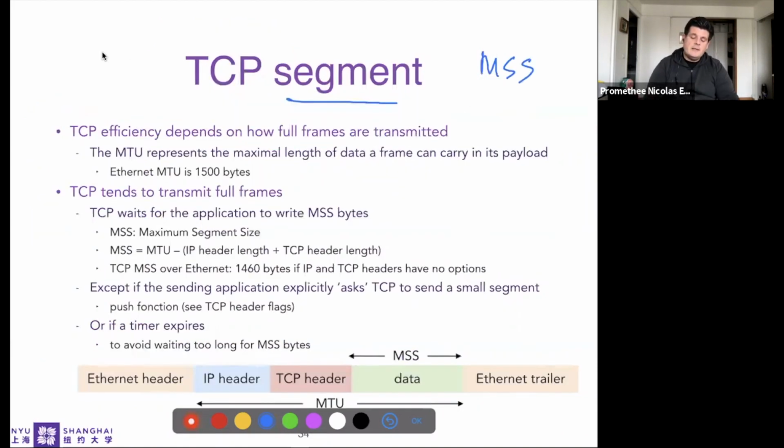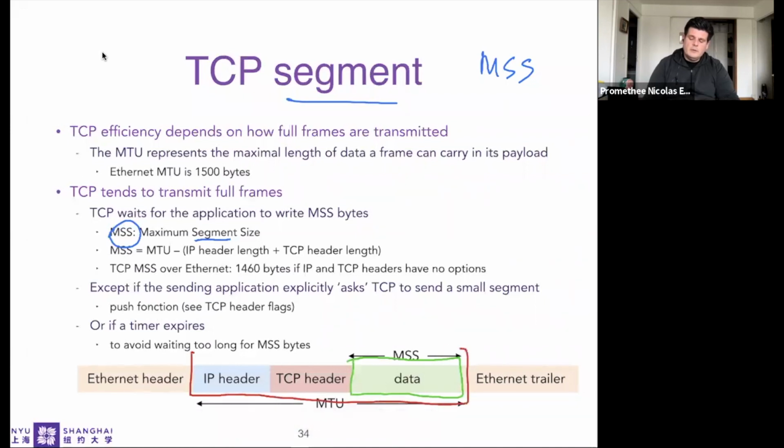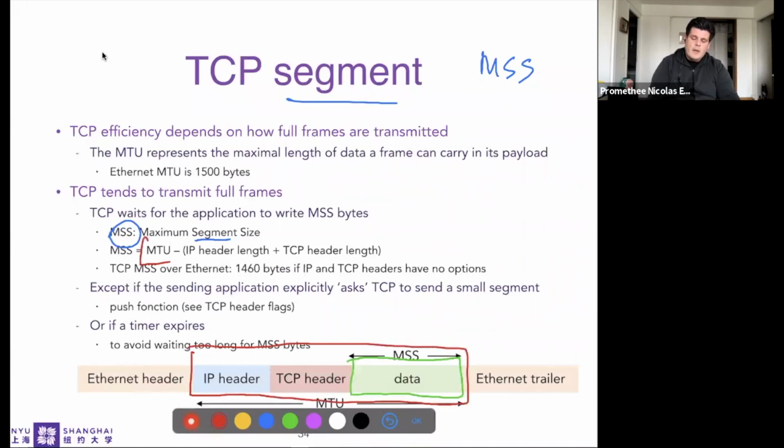The MSS is the maximal segment size, but you have to be careful. The MSS is only the data. And the MSS will be based on the MTU, which is here. And you basically create a segment with as much data as needed, such that you can match properly the size of the data in the frame.